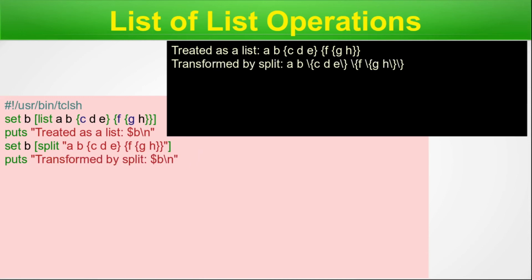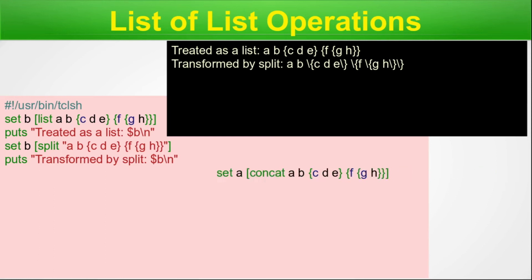When you output it, the backslash comes. This backslash means that the curly brackets are not elements, they are list separators. The backslash denotes a special character, not a normal character. You can understand how the list is now treated.